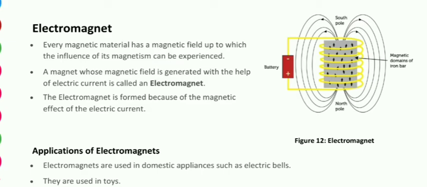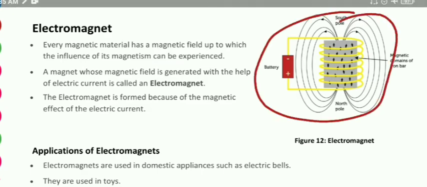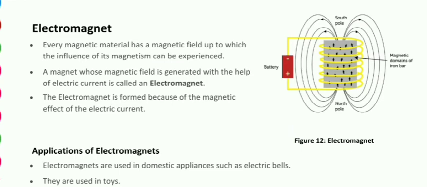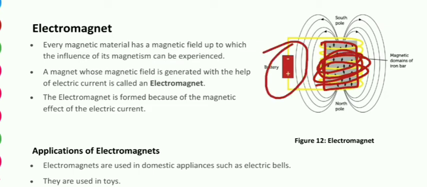Here in the diagram you can have a look. A soft iron bar is taken, the center part, around which a wire is coiled several rounds, and it is connected to a source of electricity.